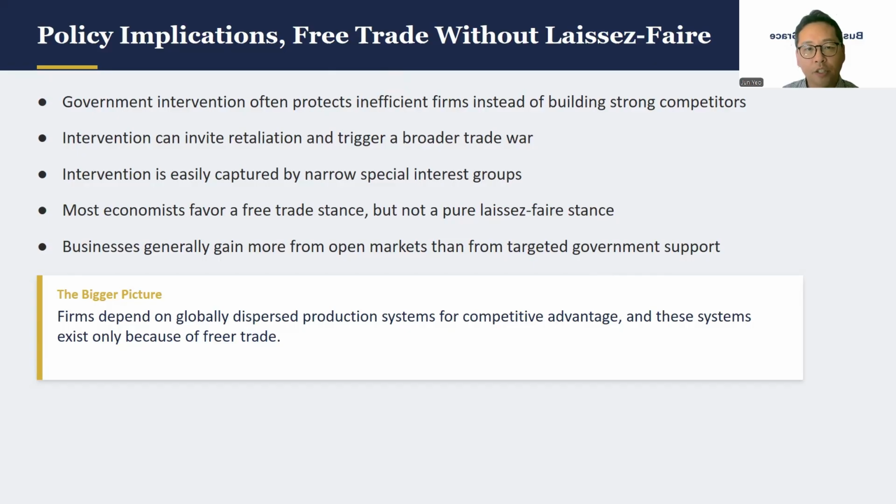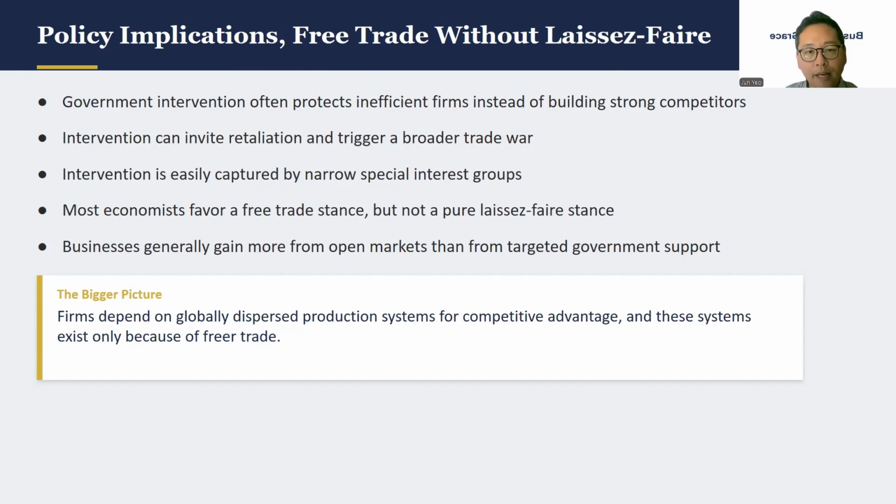It is dangerous because it may invite retaliation from other countries and trigger a broader trade war. And it's rarely well executed because narrow special interest groups often capture the policy process for their own benefit.